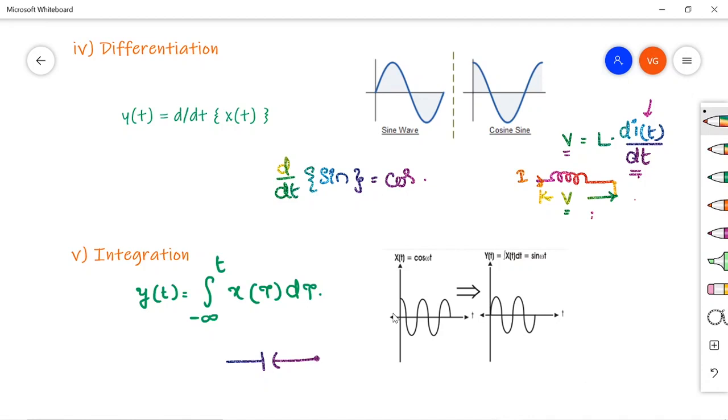Suppose consider a capacitor here, and let us call the current flowing here i of t and the voltage across the capacitor v of t. Then the voltage across the capacitor v of t is given by 1 by C integral from minus infinity to t of i of tau d tau.